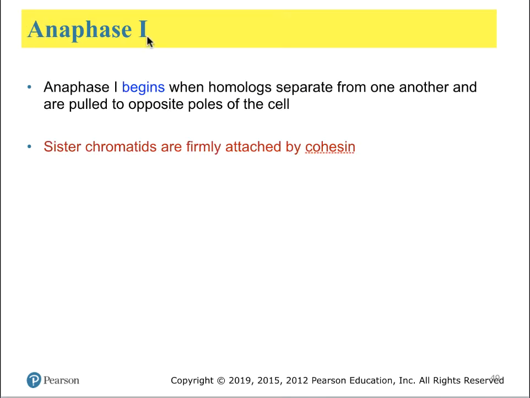Anaphase I shows the separation of the homologous chromosomes from each other. Remember that the sister chromatids of each homologous chromosome are still attached to each other by cohesion, so that has not melted yet, but the homologous pairs are separated from each other.